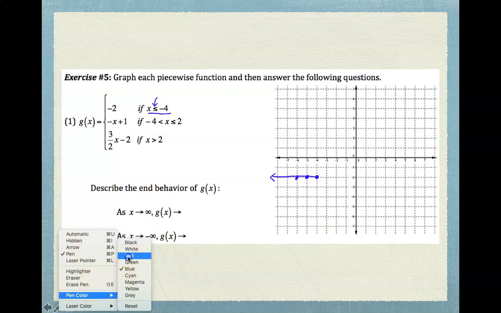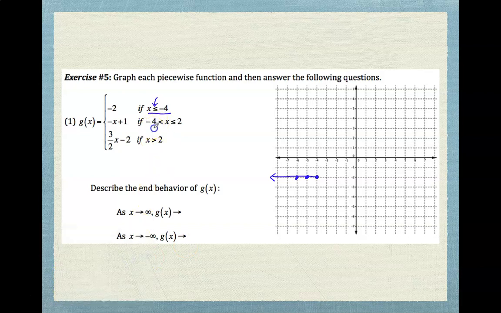All right, so then the next domain that we're interested in is in between -4 and +2. And note that right here, there's no equal sign. So I want to know would this function be at -4 if it were allowed to equal that. Okay, so what I'm going to do is I'm going to find g of -4.